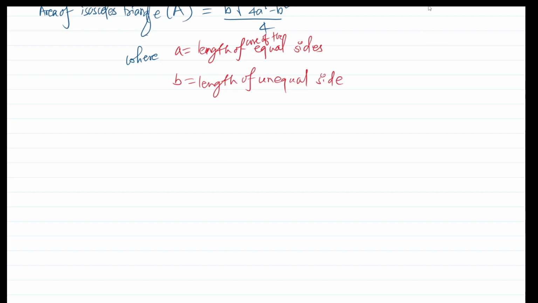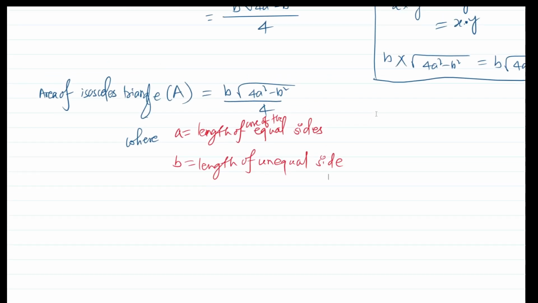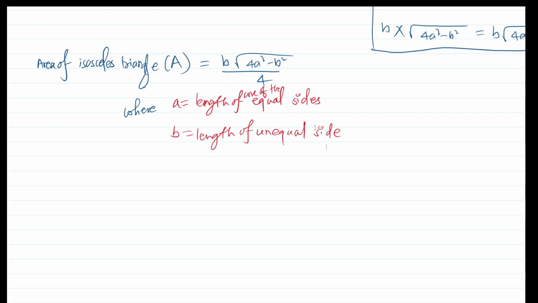But if we know the three sides of a scalene triangle, we use Heron's formula. That will be discussed in class 9, and we will not discuss it here in class 8. We'll only study isosceles triangles and equilateral triangles.